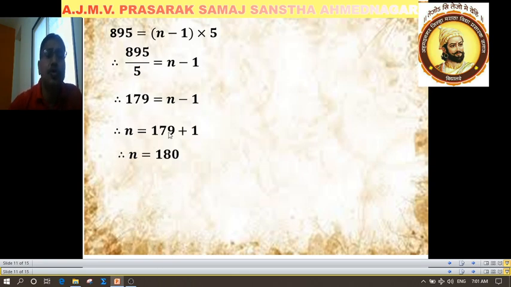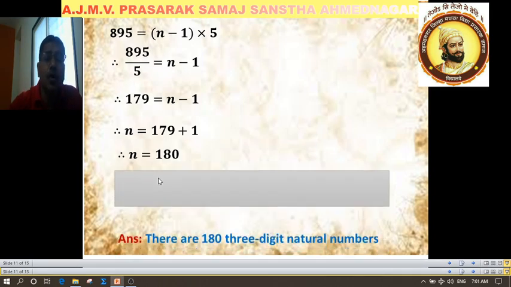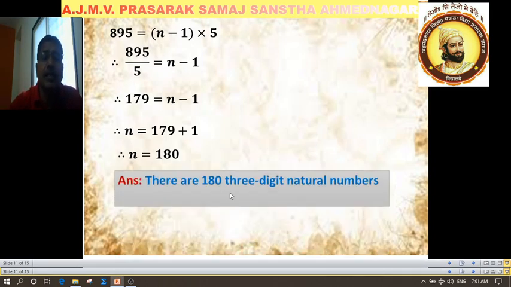So n is equal to 179 plus 1. So n is equal to 180. It means that there are 180 3-digit natural numbers divisible by 5 in the required arithmetic progression.